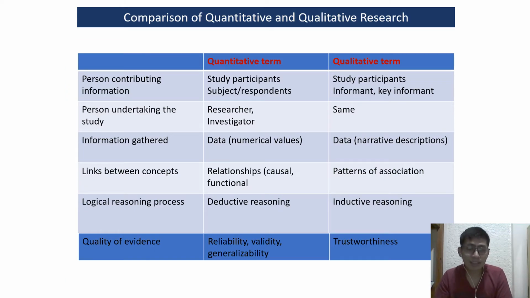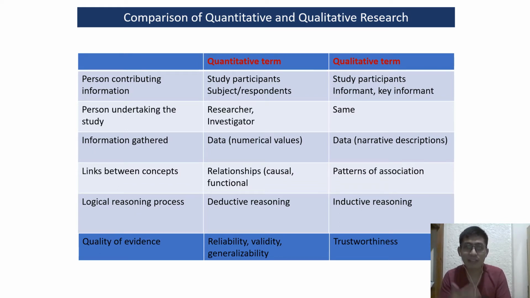In quantitative terms, the person contributing information is the study participant or subject. It's the same in qualitative research. The person undertaking the study, the researcher or investigator, is also the same.